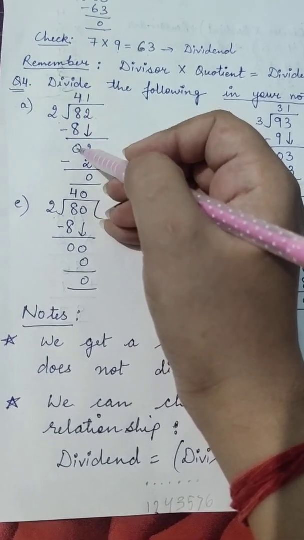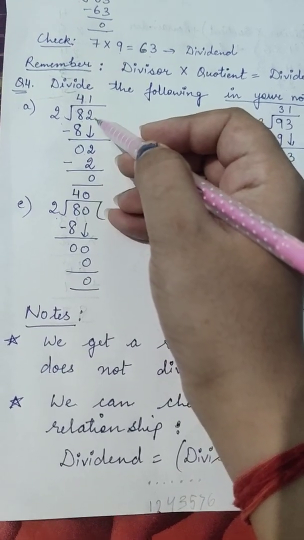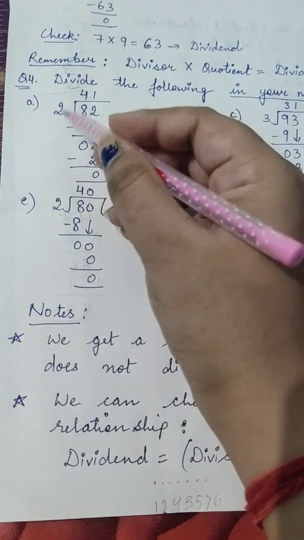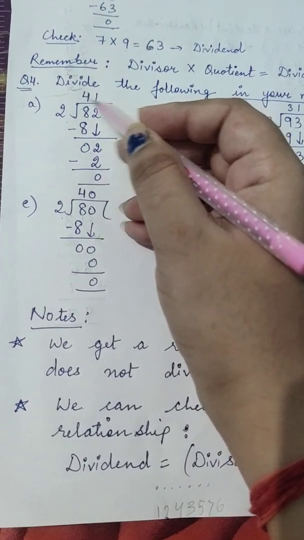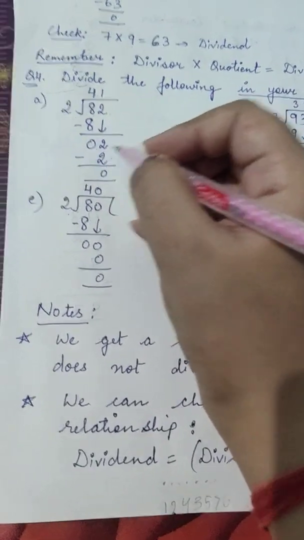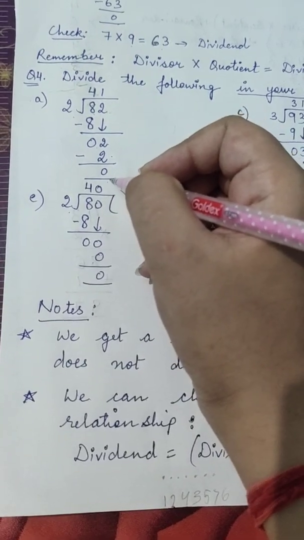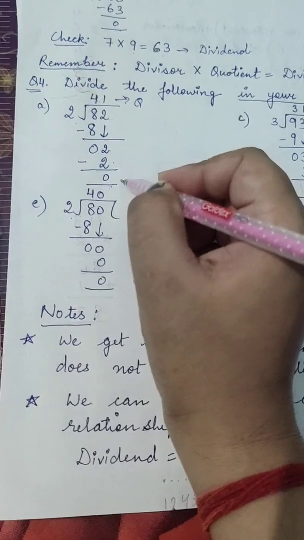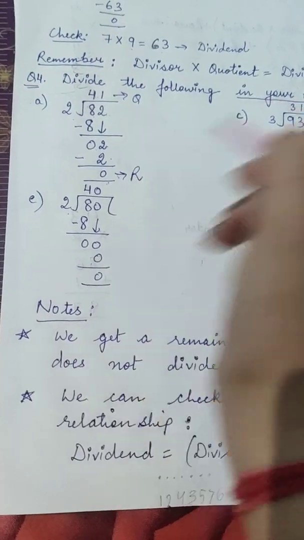When we subtract these we will get 0. Then we will take the second number here and again read the table of 2. 2 1s are 2. So the remainder comes out to be 0. This is your quotient and this is your remainder.